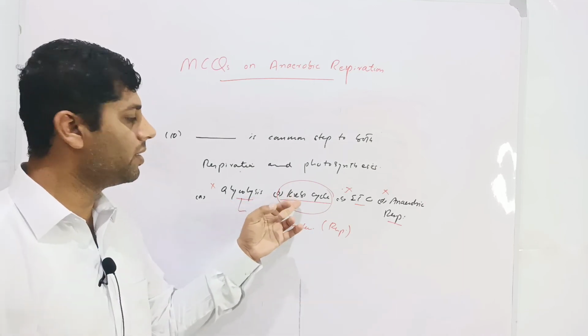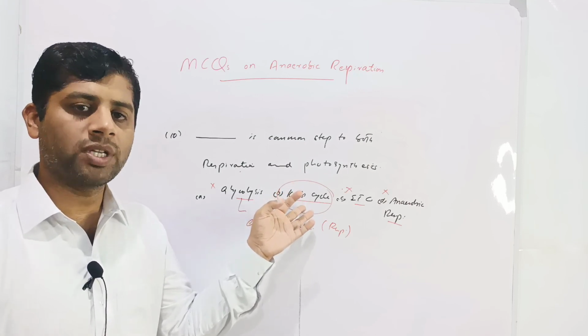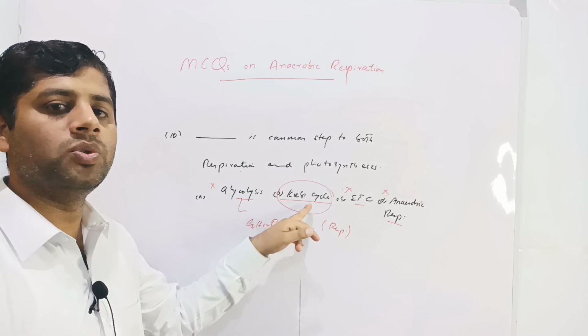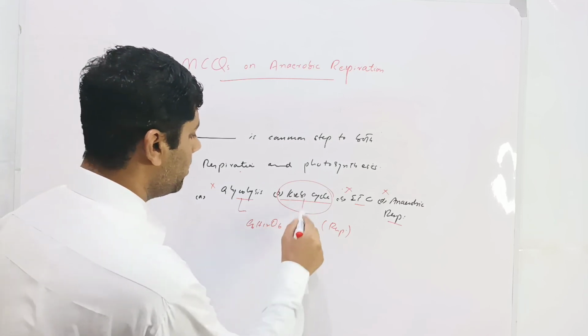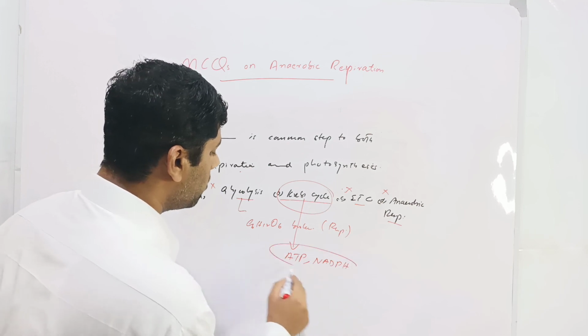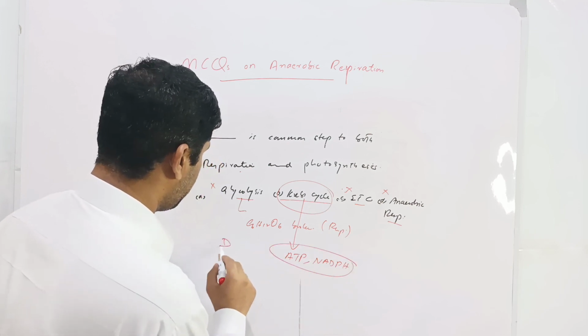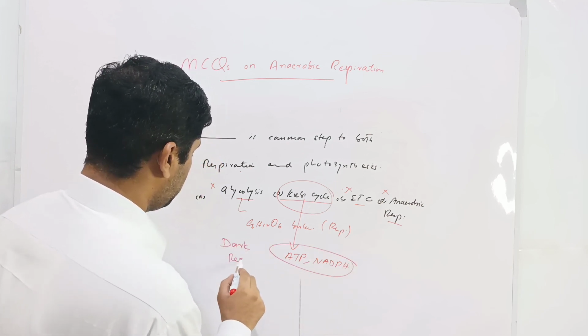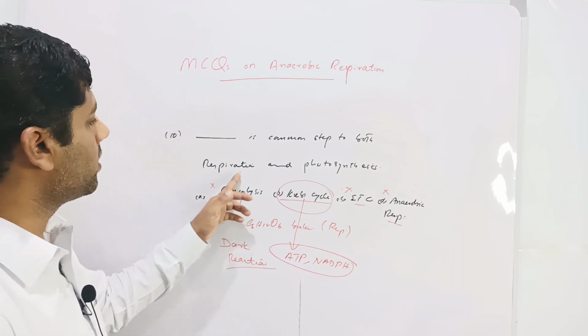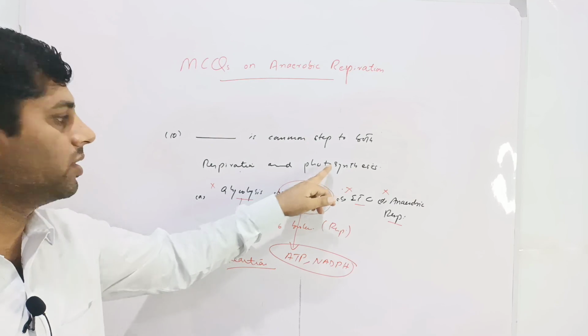This pyruvic acid enters the Krebs cycle in case of aerobic respiration, while in photosynthesis, this Krebs cycle is used to release energy in the form of ATP and NADPH. These both kinds of energy are used in the dark reaction. So the Krebs cycle process is common to both respiration as well as photosynthesis.